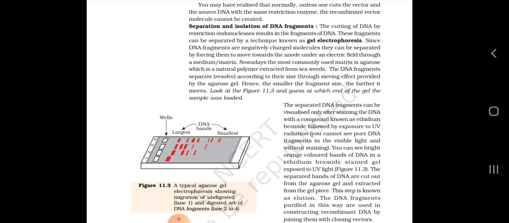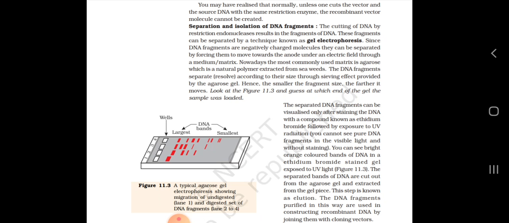Now, it is a technique for separating the DNA fragments, and this technique is based on the size of the fragments. The fragments which are cut by the molecular scissors are differentiated on the basis of their size. In this process, firstly the sample DNA is cut into fragments by restriction endonucleases.